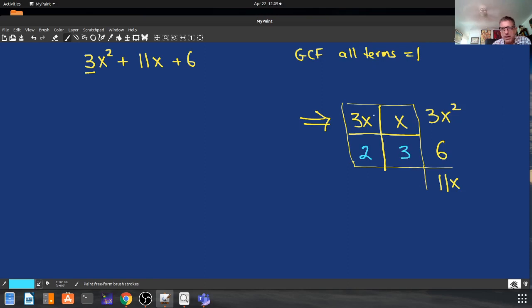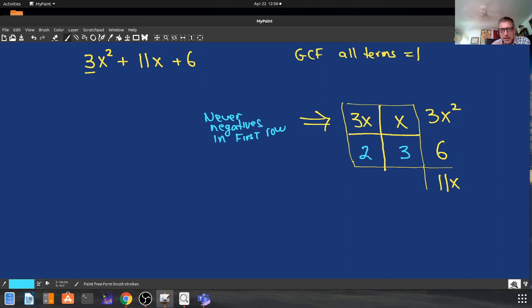So once I've discovered that the only factorization into 2 terms, which both have variables in each term, is 3x and x, and we never put negatives in the first row. Never negatives in the first row. They're always positive.